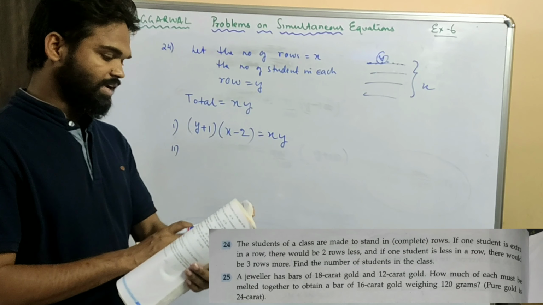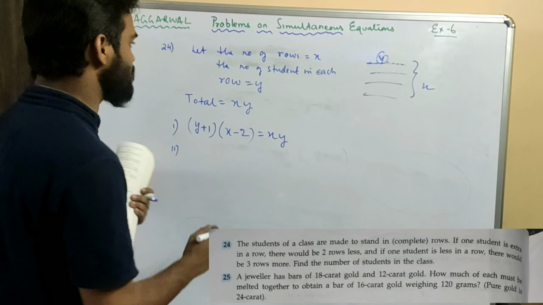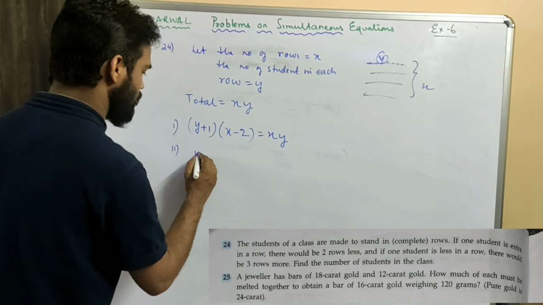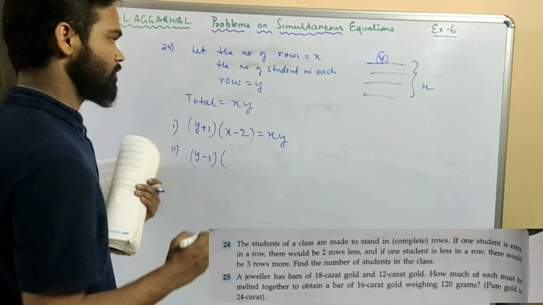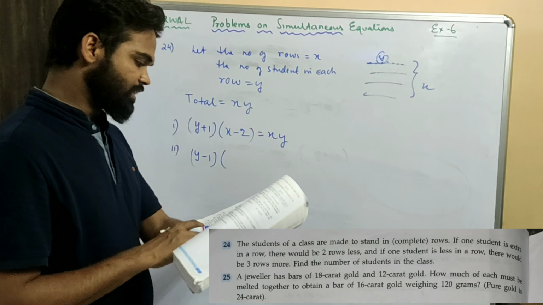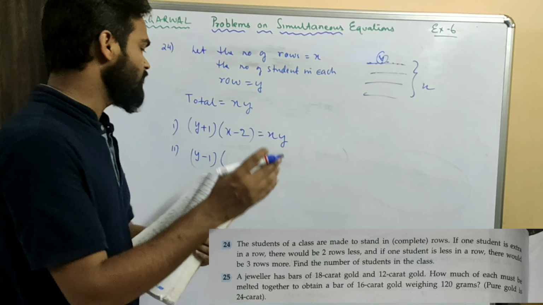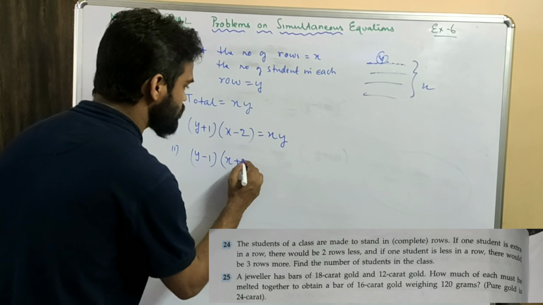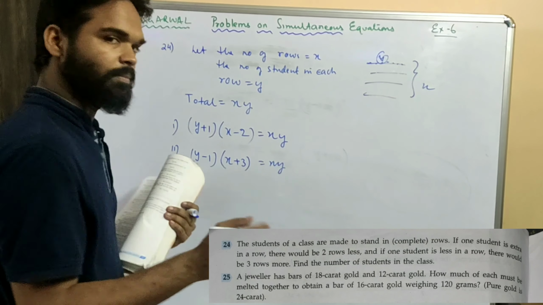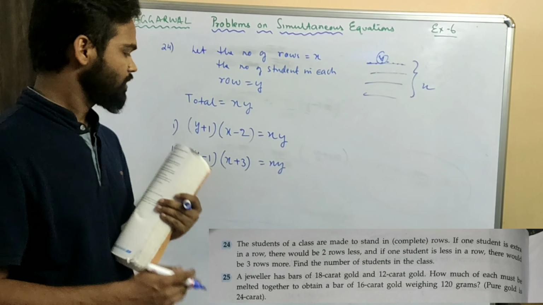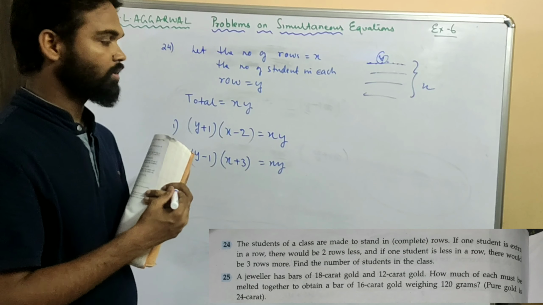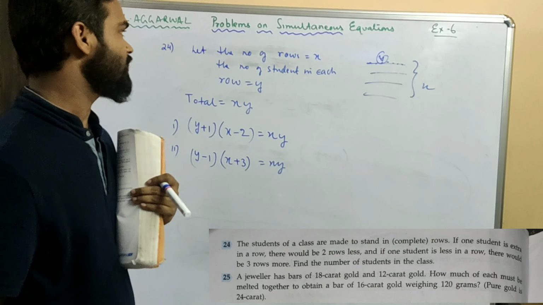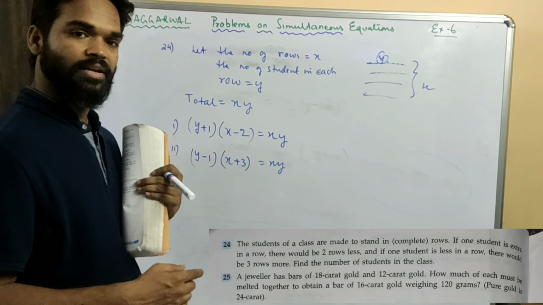In the second case, if one student is less, which means Y minus 1 in each row, then there will be 3 more rows, so X plus 3 equals XY. Again, the number of students still remains the same. So these are your 2 equations. You can solve it easily. Now look at the next sum.